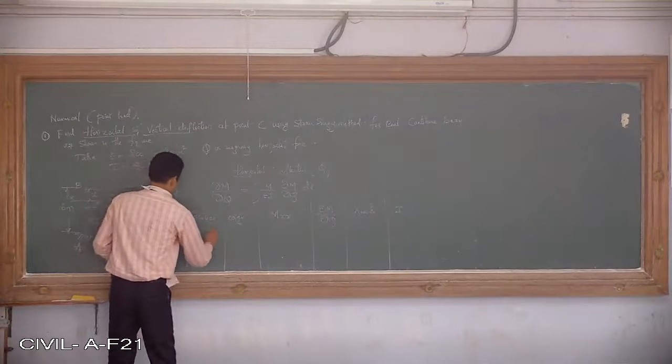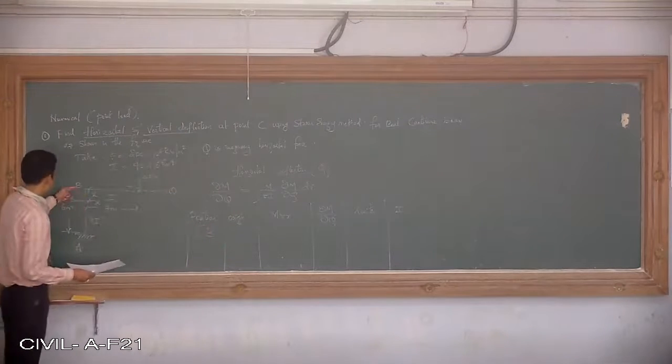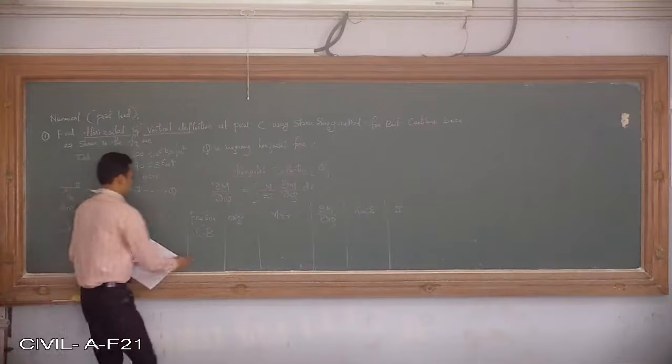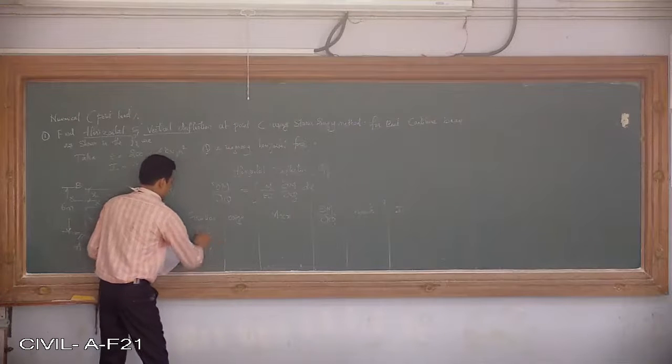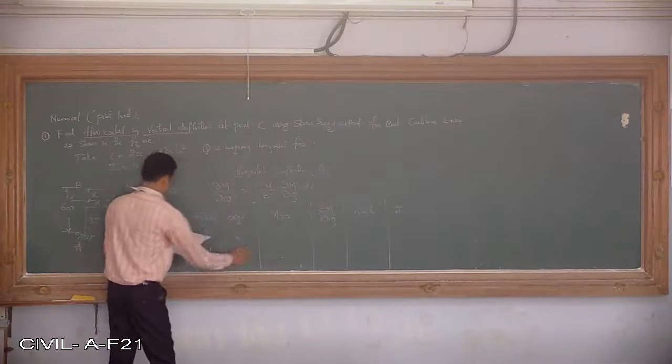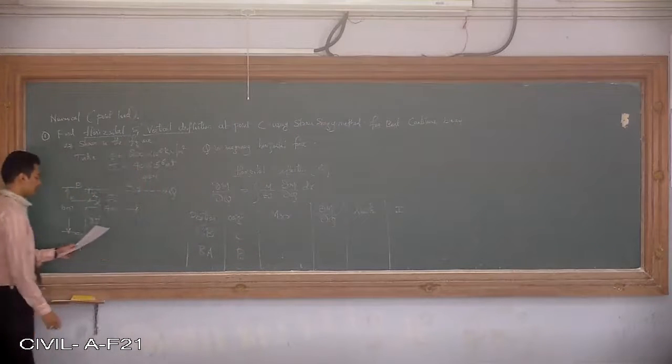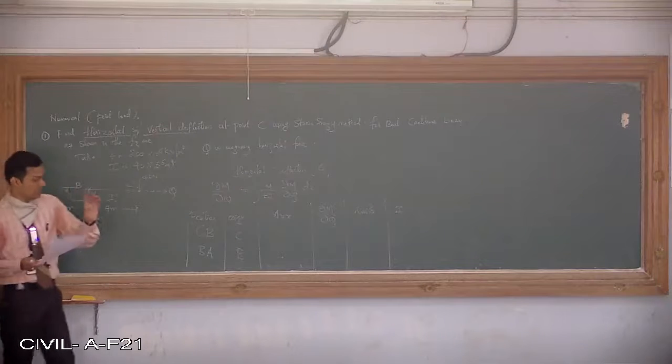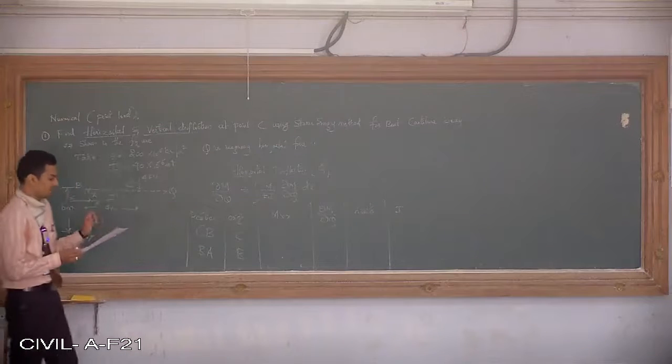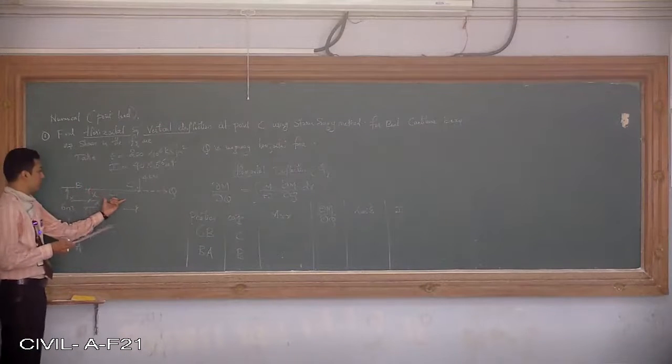Right. Next we have BA, column BA. The first alphabet stands as the origin. Here C is the origin, and here B is the origin. We are finding horizontal deflection. So what will the moment about xx in portion CB be?